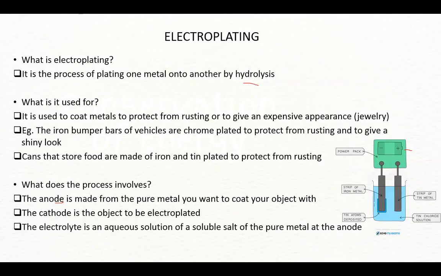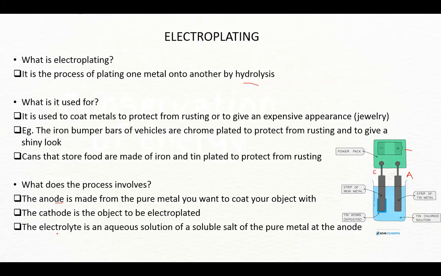The anode is made from the pure metal that you want to coat your object. So the anode is connected to the positive end here. So I'll put A by this one. So that's the anode. The next one connected to the negative is the cathode. And the cathode is the object to be electroplated.